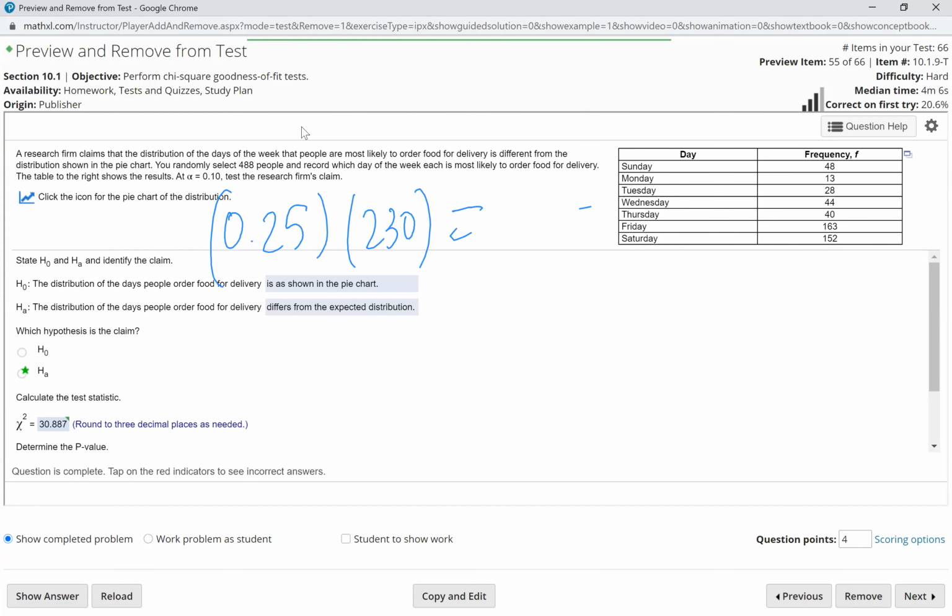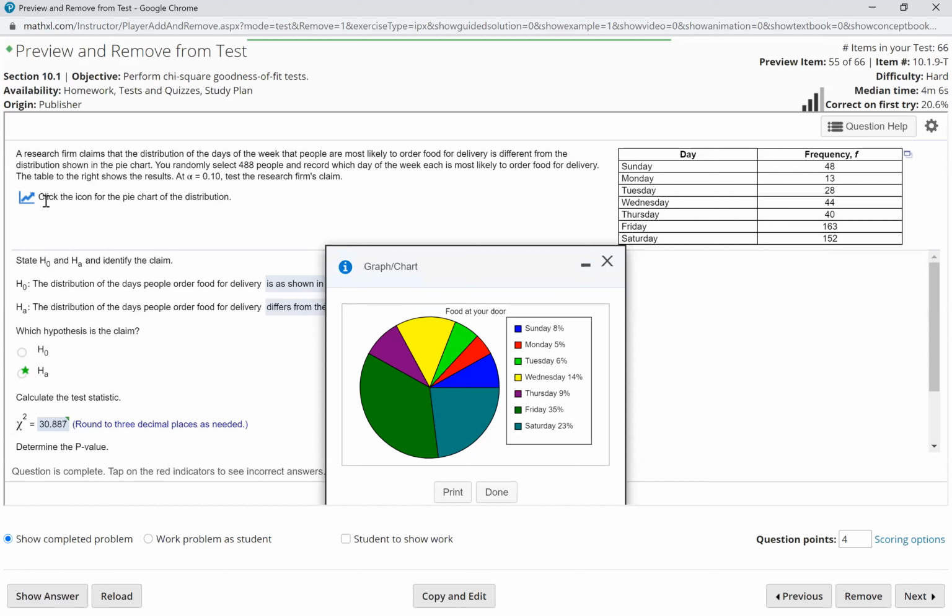Okay, now, this is a good question. A research firm claims that the distribution of days for which people are most likely to order food for delivery is different from the distribution shown in the pie chart. So this is the distribution of the percent of people who order food for delivery during the days of the week.